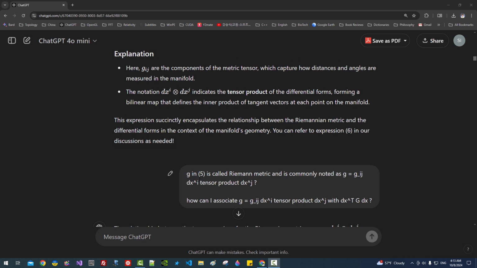G in equation 5 is called the Riemannian metric and is commonly noted as g equals g_ij dx^i tensor product dx^j. How can I associate g_ij dx^i tensor product dx^j with dx^T g dx?